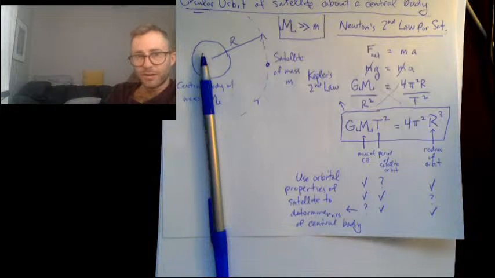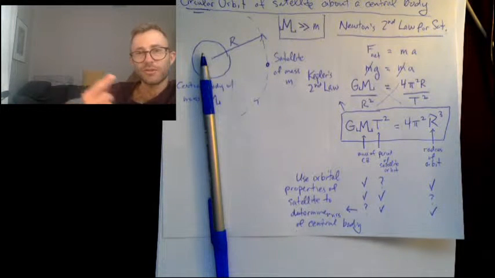It doesn't depend on the type of central body. It doesn't matter whether the central body is a star or a rock or a black hole or a blob of water. It doesn't matter. The only thing that matters is the mass of that central body.